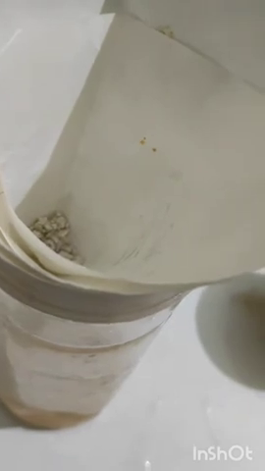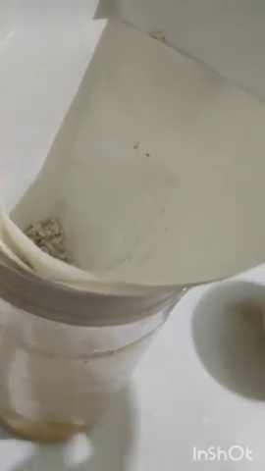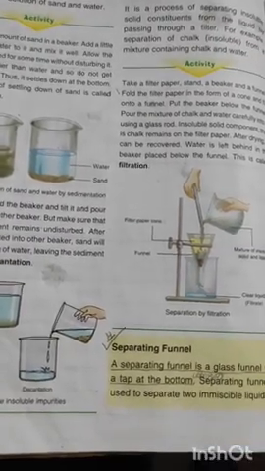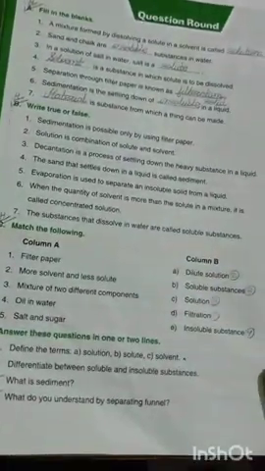Chalk is an insoluble substance. That's why chalk and water do not dissolve. Okay, so this is the separation method of filtration. So we can separate chalk and water by the method of filtration. So students, I hope you understand it very well, and in the next class we will discuss question answers. Okay, bye, take care students.